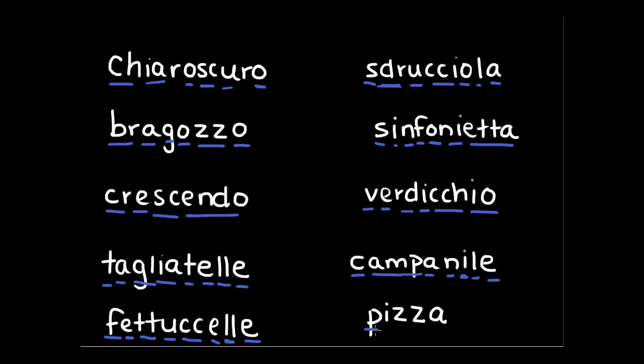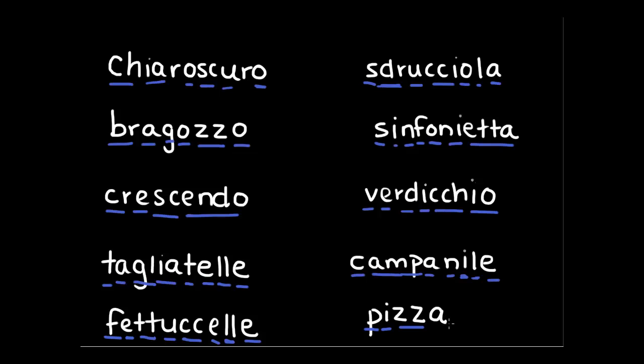P is normal. Always going to be P. Then we have our long I, or long E sound, which I just talked about. If it's in the middle of a word, it's going to be I. That's why we have the I for the E sound. And then we have our double Z for the TS sound. Remember, it's going to be double Z or a single Z, but most of the time double Z. There's a lot of words with double Z, pizza being one of them, so that's why we have the ZZ for the TS sound.